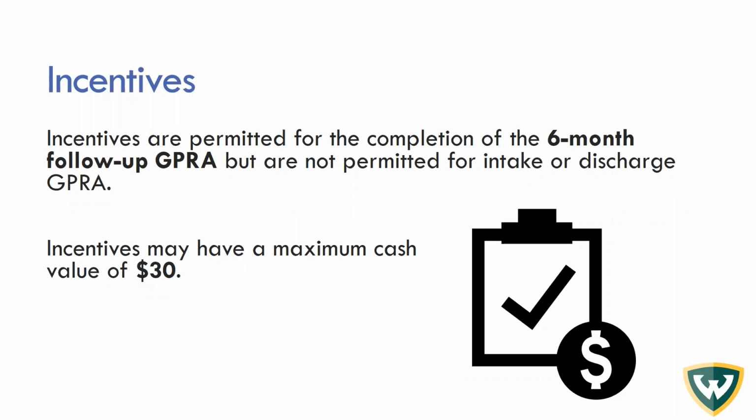SAMHSA allows for a maximum cash value of $30. In the state of Michigan, the incentive is available. You would connect with your SOR2 coordinator, who will then coordinate with the state to get the 6-month follow-up $30 gift card. In the state of Michigan, it comes in the form of a gift card.